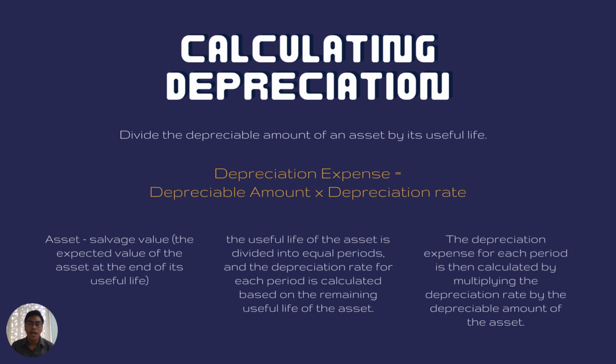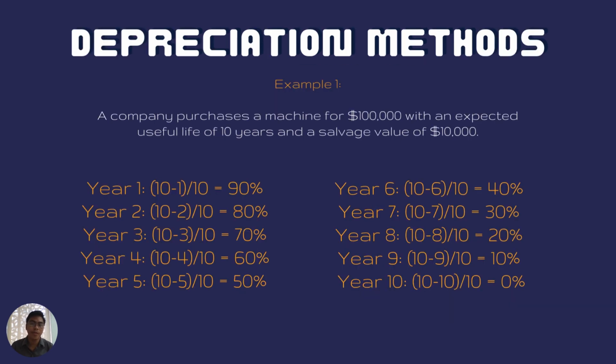Next, the useful life of the asset is divided into equal periods, and the depreciation rate for each period is calculated based on the remaining useful life of the asset. The depreciation expense for each period is then calculated by multiplying the depreciation rate by the depreciable amount of the asset.